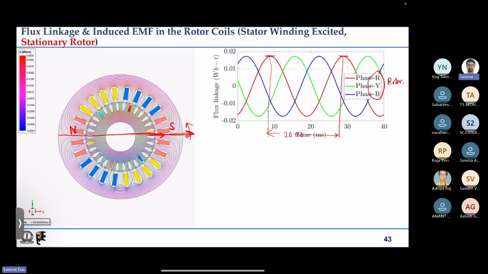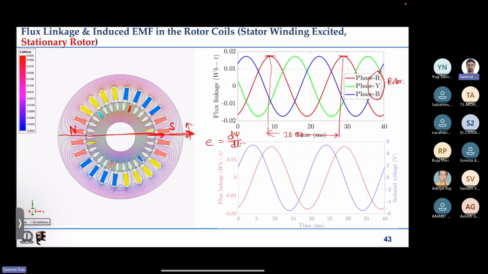So we know this law, that induced EMF is basically d psi dt. Induced EMF is equal to the rate of change of flux linkage of a coil. So if I plot only the R phase flux linkage, that is shown by this red one, you can see that it is the same as the red curve in the top plot.